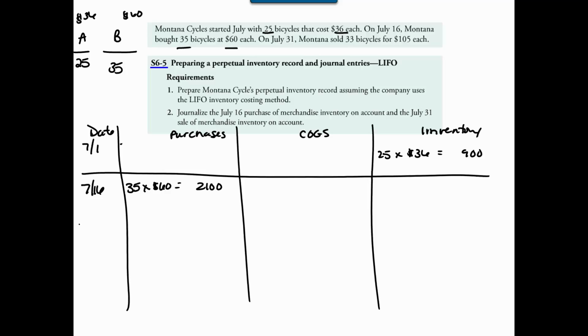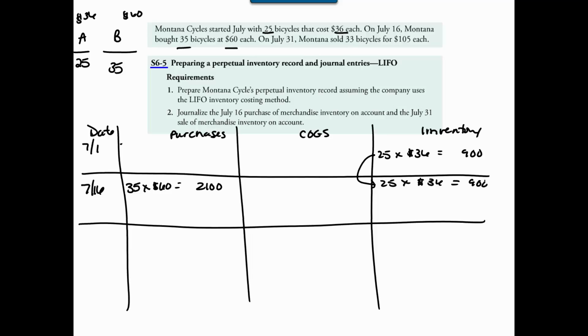So now, okay, what's left? I bring these down, so I still have the 25 items that cost $36 each for $900, and then my new purchase, 35 times 60, so $2,100. And that's the same as the last 2 that I did. But now the sale is where it's going to get different.